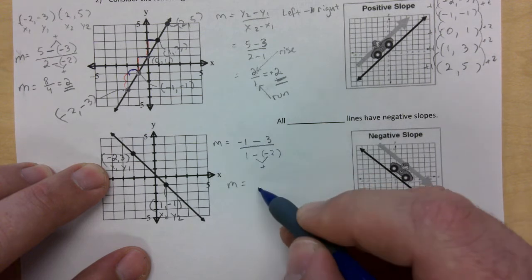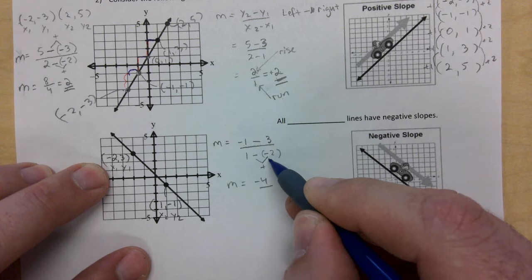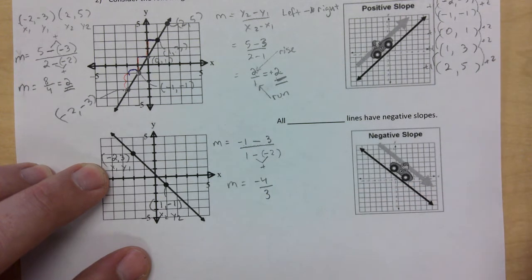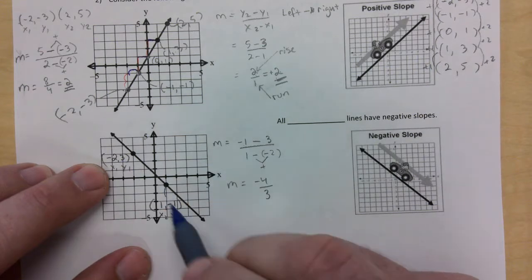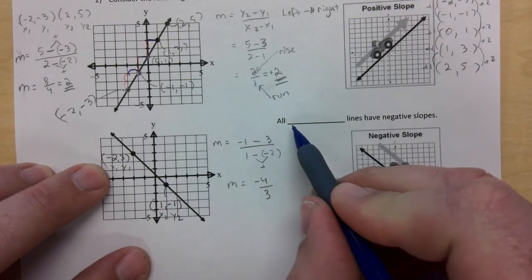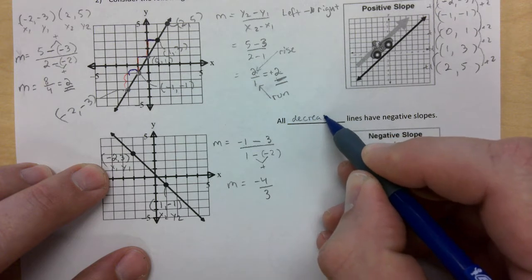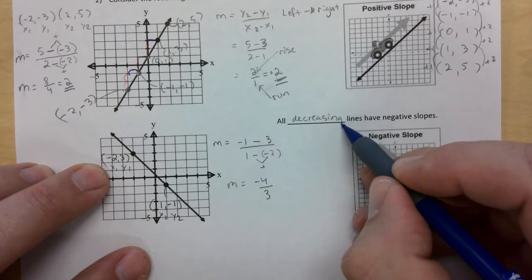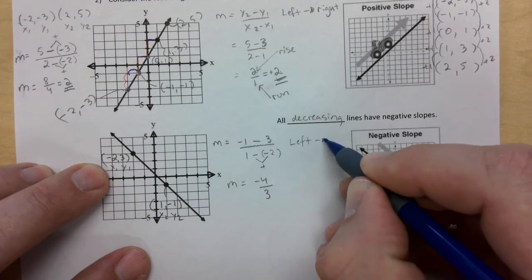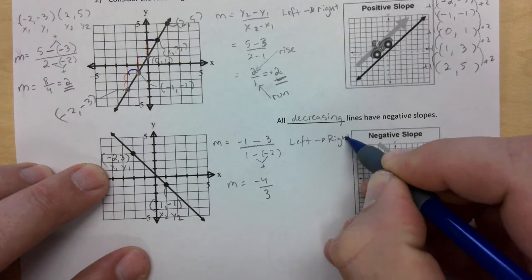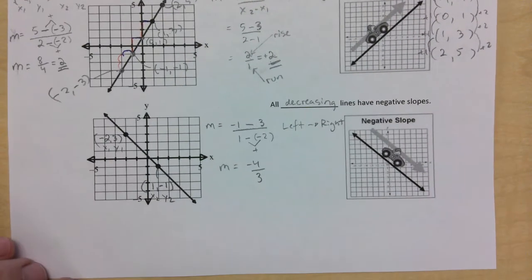And so -1 and -3 is -4 over 1 plus 2 is 3. This is a negative slope, which we expected, right? So all decreasing lines have negative slopes, and that's also from left to right.